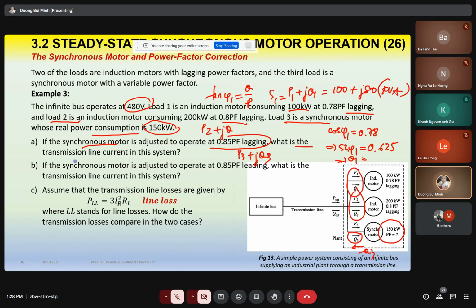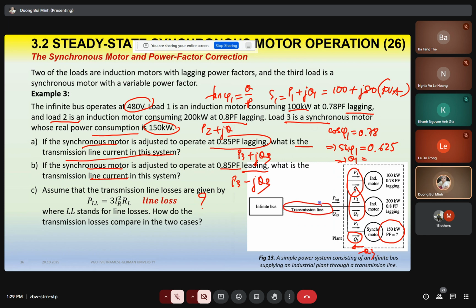What is the transmission line current in this system? For question B, now the synchronous motor is operated at 0.85 power factor but leading, so we have P3 minus jQ3. So what is the line current? And we also calculate the power loss in the transmission line here.